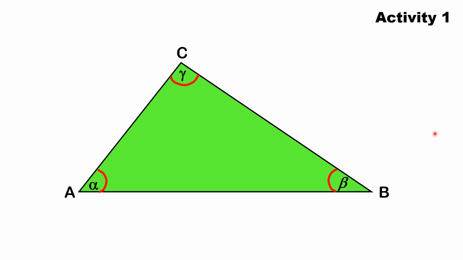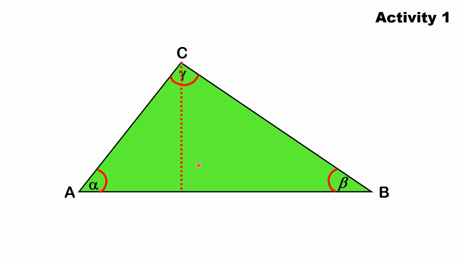To obtain the trigonometric ratio of the triangle, we first create a right triangle by drawing a height line from angle C to side AB, where the line must be perpendicular to side AB to form a 90-degree angle.